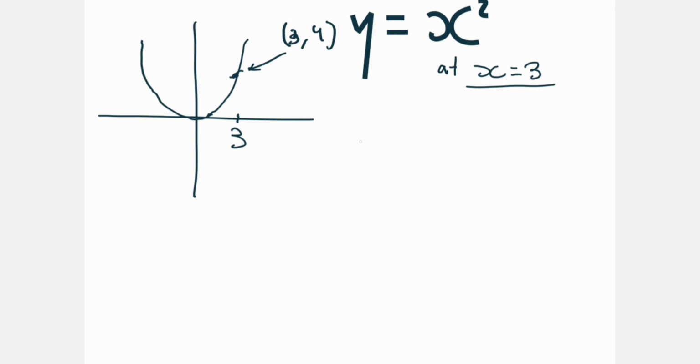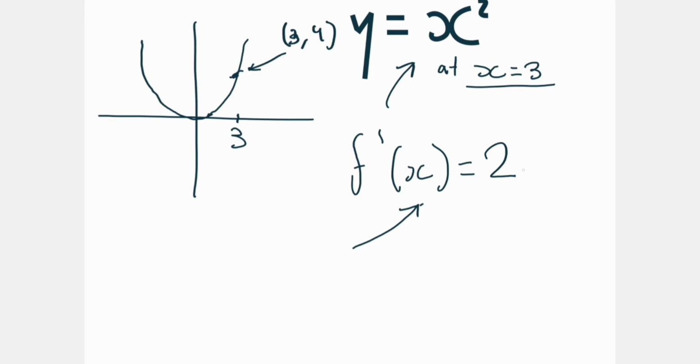If f of x equals x squared, and we are just getting the derivative of y, then f prime of x equals 2x. Great. So this is what we're going to use to work out the tangent line.